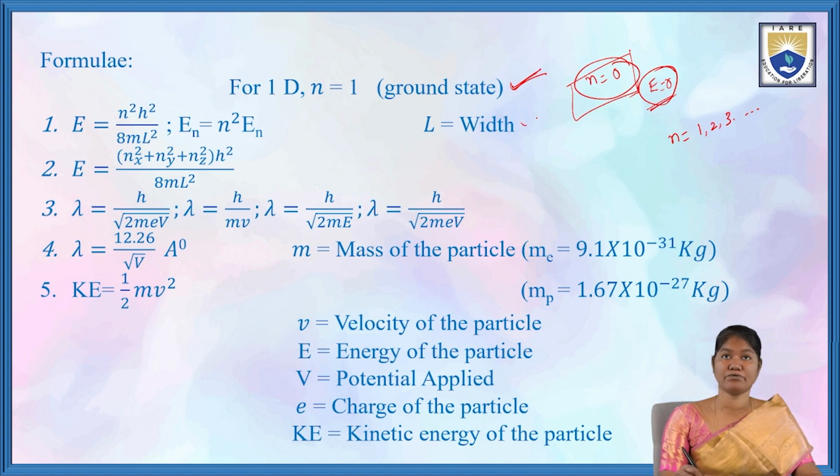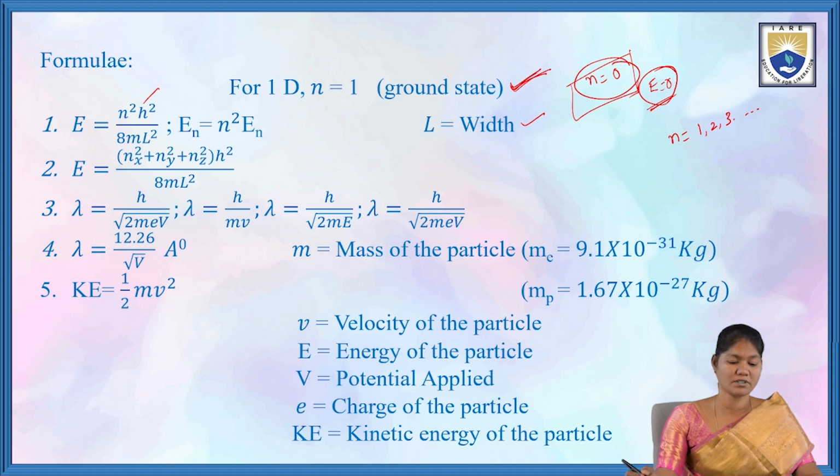L is the width of the box, m is the mass of the particle, h is Planck's constant, and n is the state of the particle.